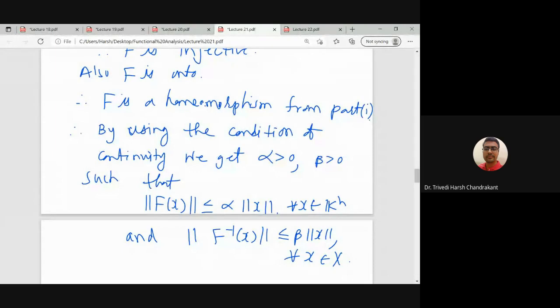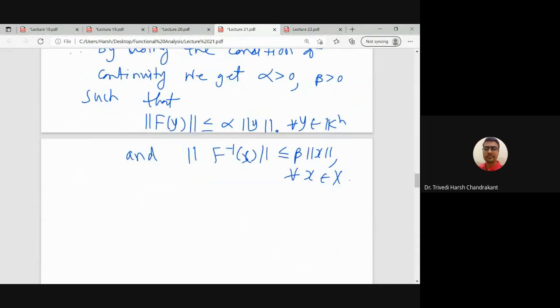So there is confusion; we can say this is y. And this condition will give us that X is complete if and only if Y is complete.